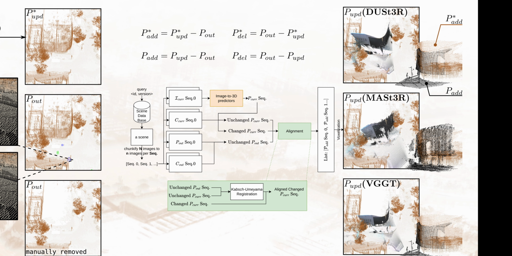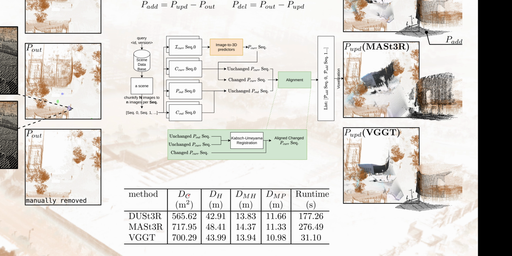Next we get this matrix. CD is the Chamfer distance, and HD is the Hausdorff distance, which is the maximum point distance, MH is the modified Hausdorff distance, and DMP is the median point distance. We also report the runtime.